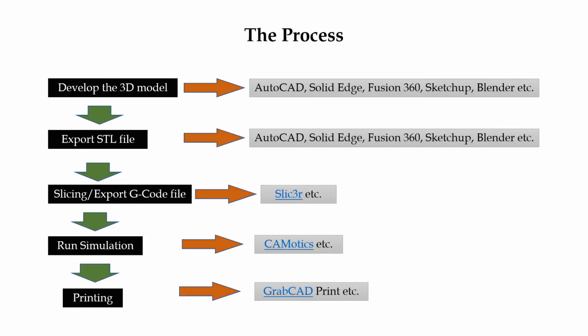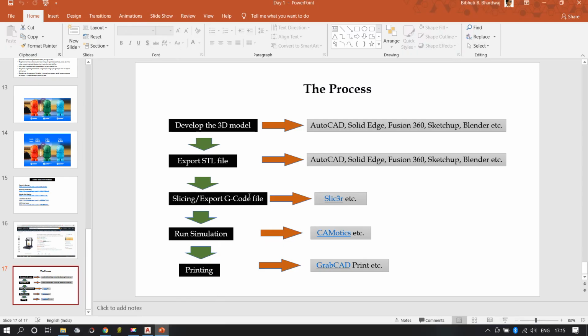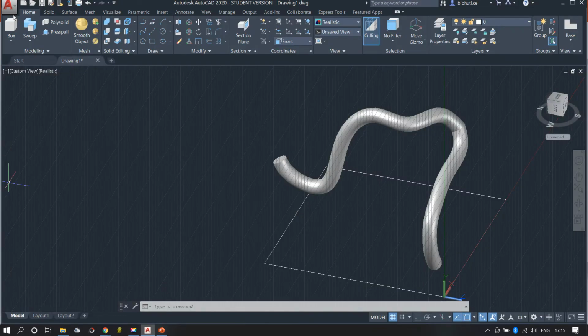No, to export, the same software can be used. Okay, to export the STL file. After exporting the STL file, you have to use slicer to open that STL file and generate G-code file. Okay, so let's come back to this.